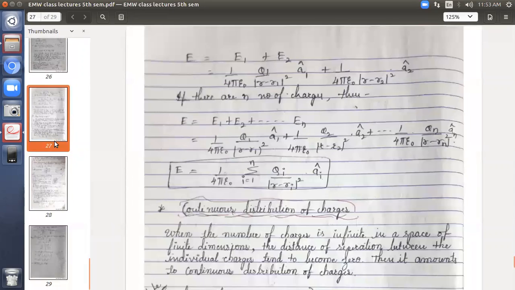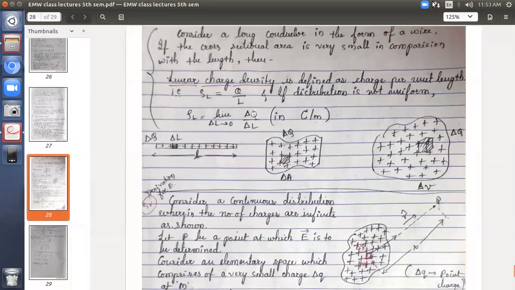That's why I took that concept. Now, coming to your actual topic, the field due to volume charge distribution, please take the heading here: electric field intensity E due to volume charge distribution. In short I have written it, hopefully visible: volume charge distribution, derivation for E. This is the title.